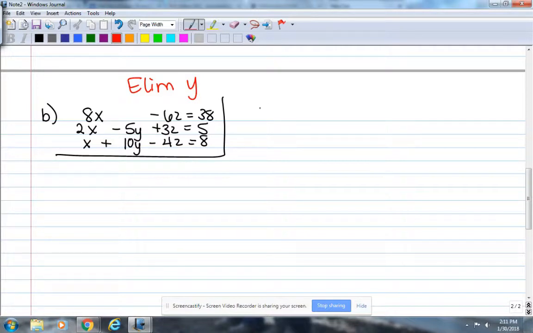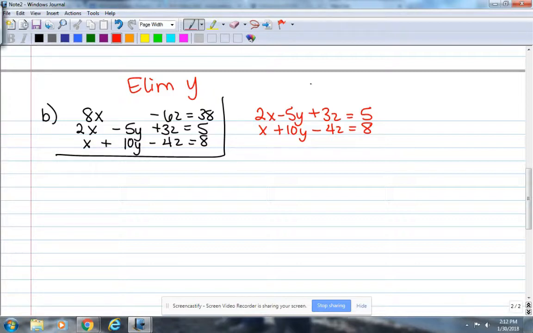So I'm going to copy down the second 2 equations. Now, how do you think we can eliminate those y's right there in the middle? Yep, make them 10 and negative 10. So what do we have to multiply times the top row to make it negative 10? 2.